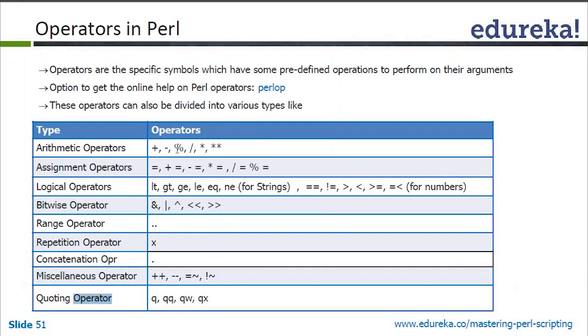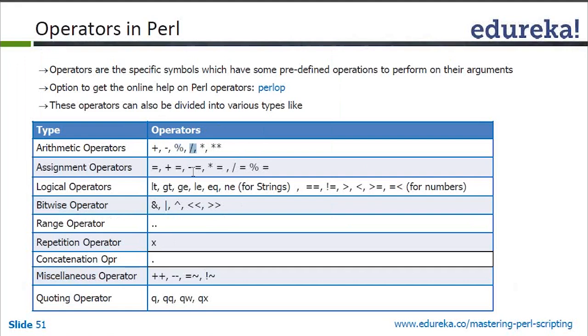This is called the modulo operator. If you want to get the remainder, say 5 divided by 3, you get 2 as the remainder. The remainder can be stored as the modulo operator value.